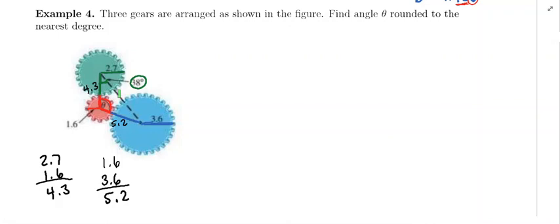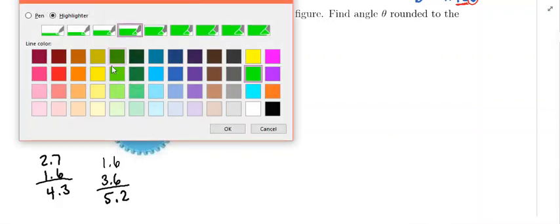So what we do know at this point is that we have two of the sides and one of the angles. Let me use a different color to highlight this here.